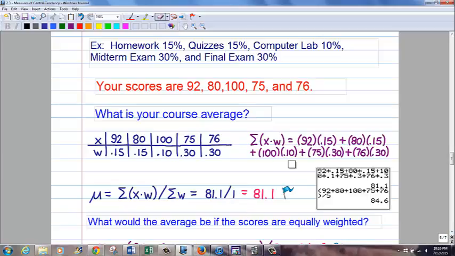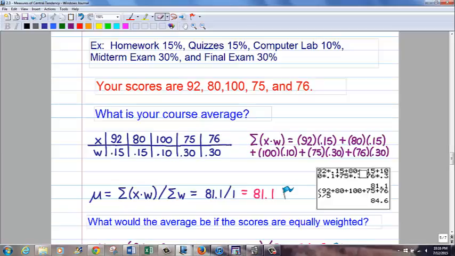Now, it's up to you whether, if you're the kind of person that wants to multiply each of those, write them down, then add them up, that's fine. But ultimately we just need the total. Each XW product is not important by itself. It's just important because it makes the total. So you see, I did it all in one string there in the calculator, just one step: 92 times 0.15 plus 80 times 0.15 plus, and so forth.